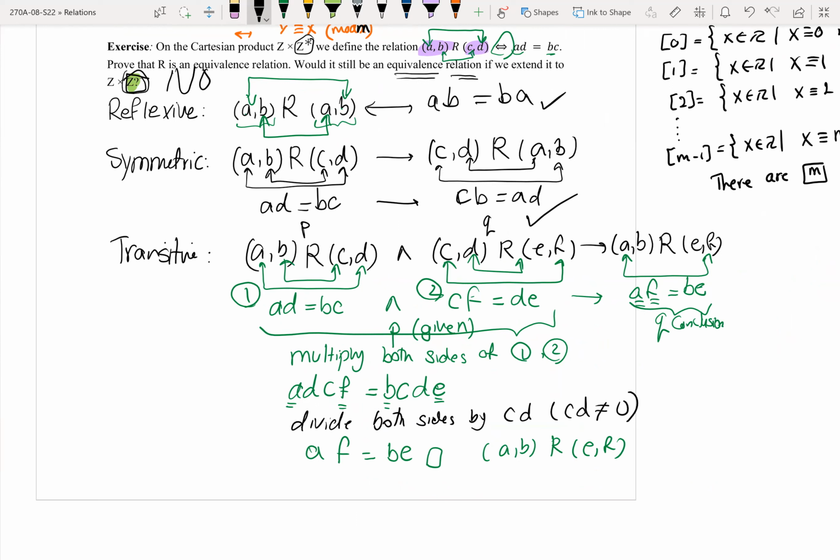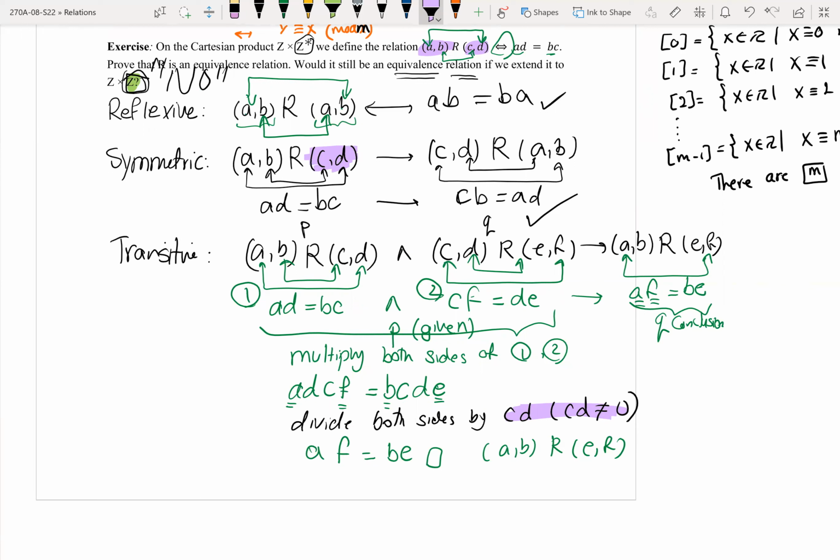The answer is no. Because the second element of C and D being non-zero is required for the transitive proof. If there's any possibility of C and D or the second element being 0, you can't divide by 0. You're doing something undefined. So the answer is no.